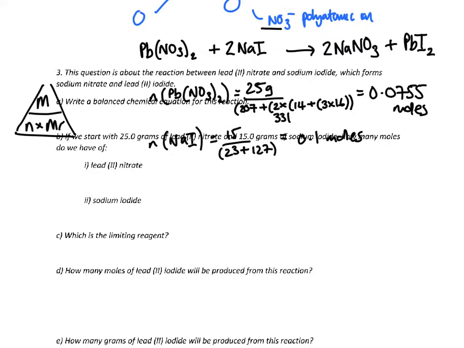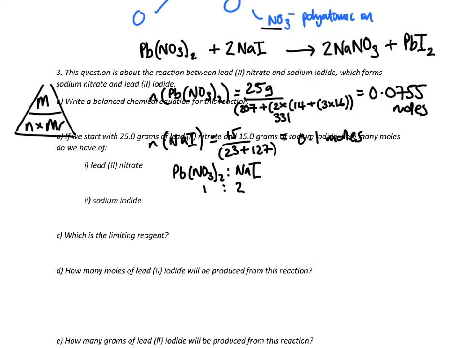So we're just going to compare the ratio of lead nitrate to sodium iodide. And we can see from the balanced equation that every 1 mole of lead nitrate will react with 2 moles of sodium iodide. So it's a 1 to 2 ratio, like so.